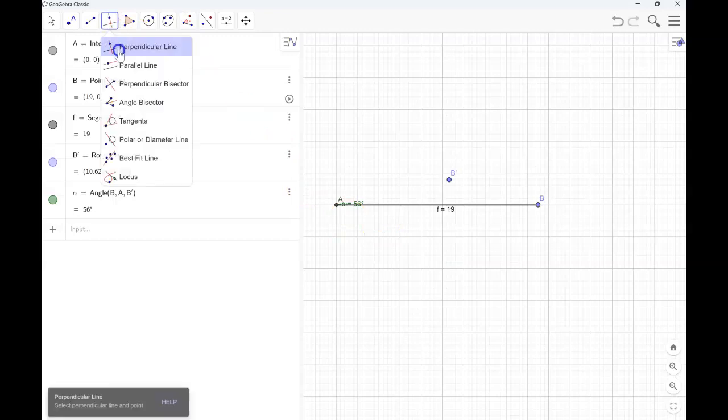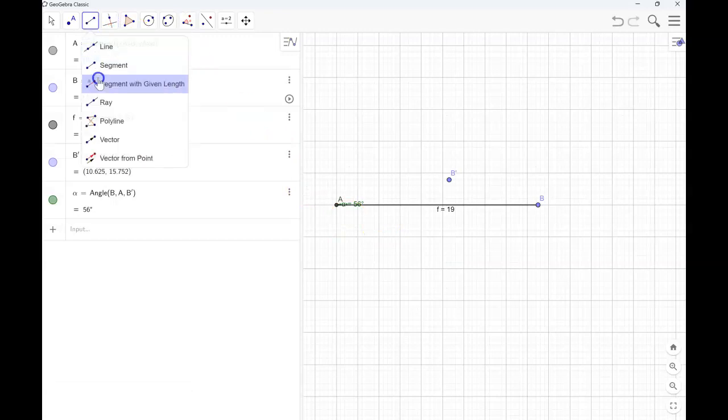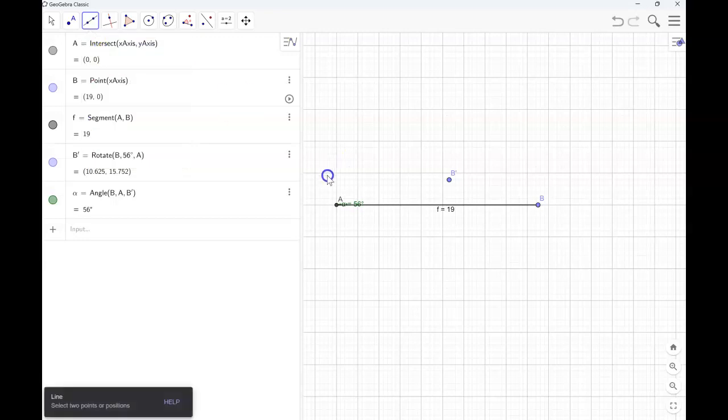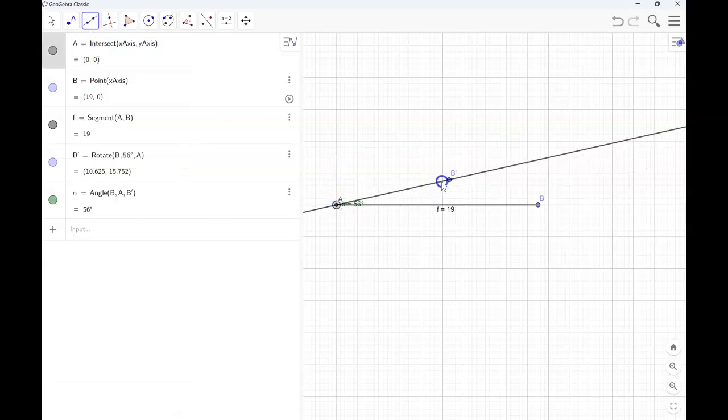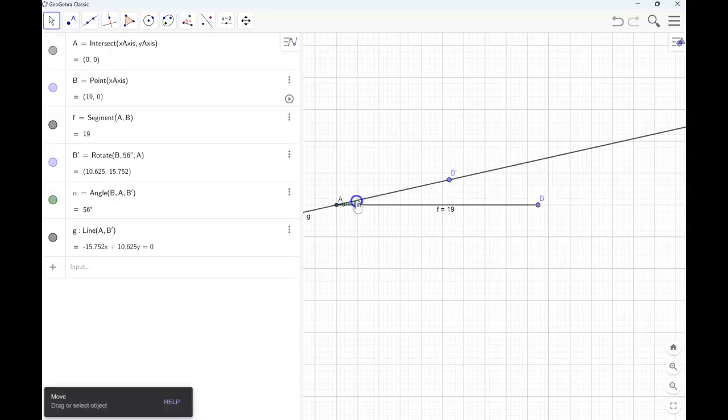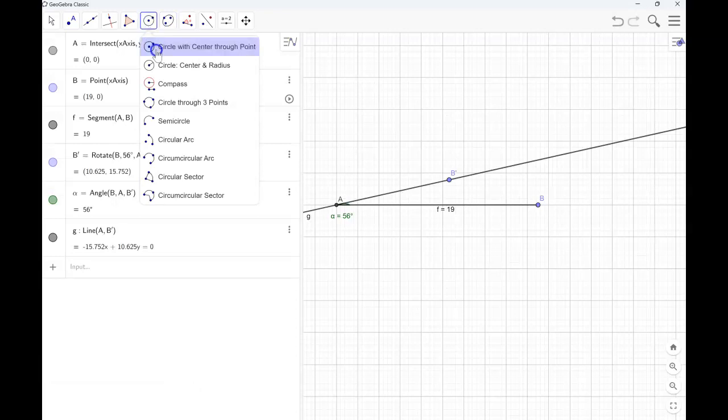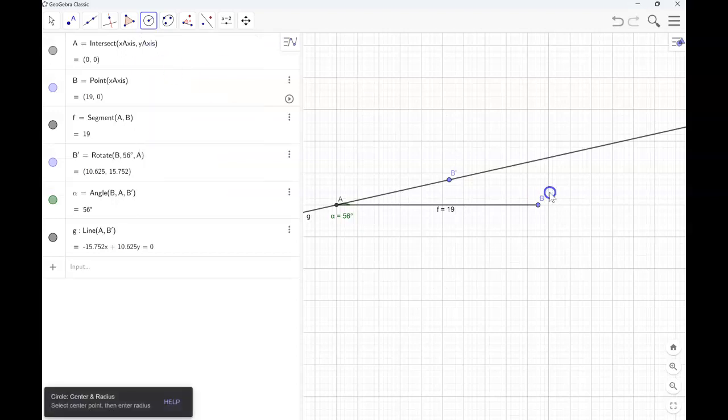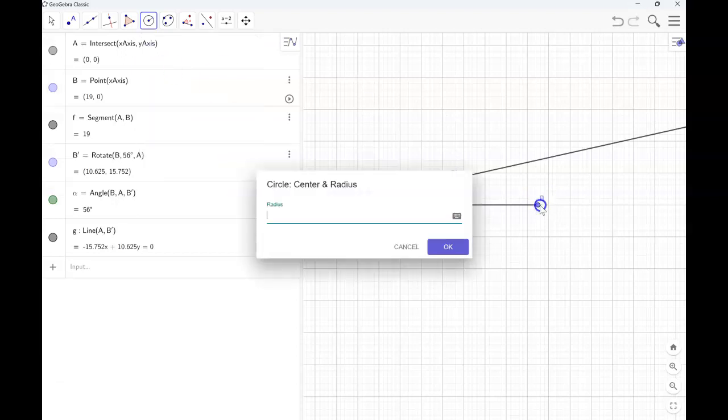So line. So that's my 56-degree angle. And I want to have a circle of radius 16.